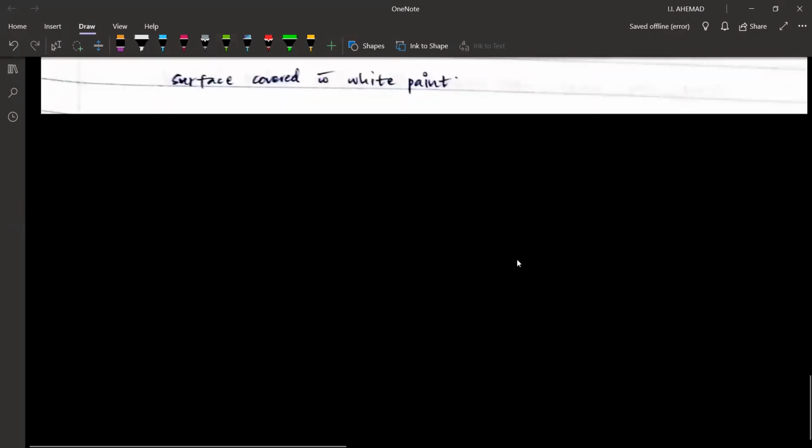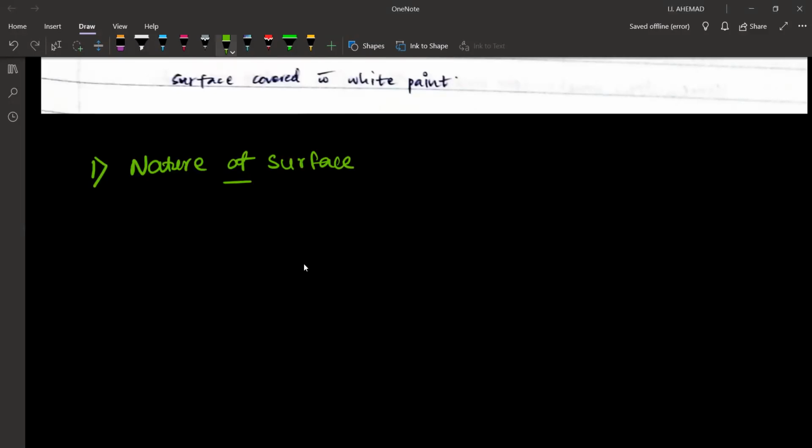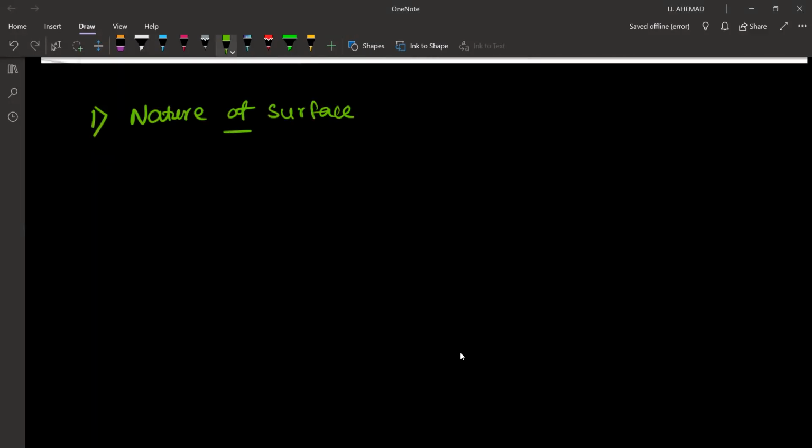That experiment is easy. Number one, nature of surface. I will explain, and after that I will put the note, which you can copy.